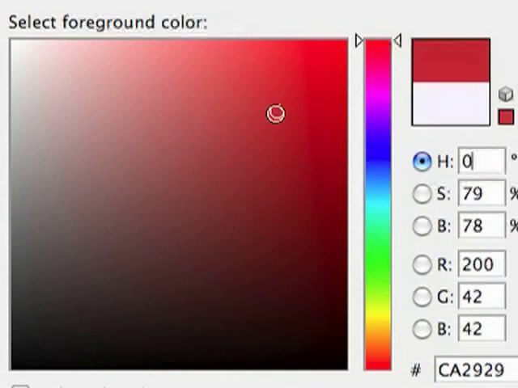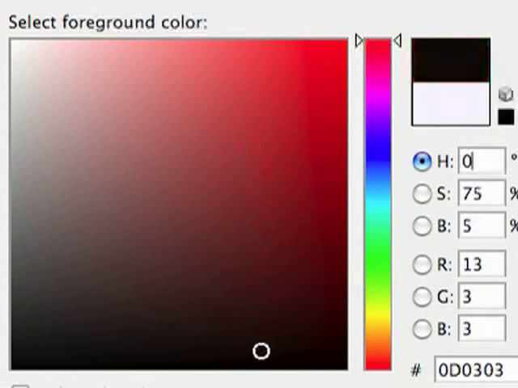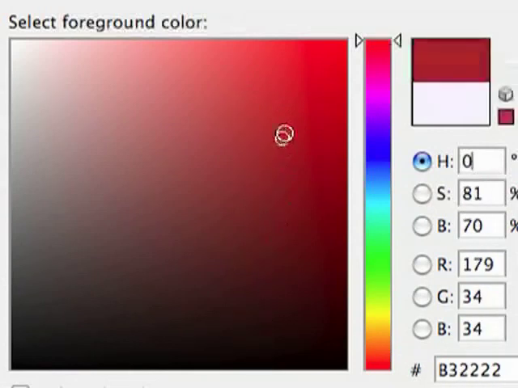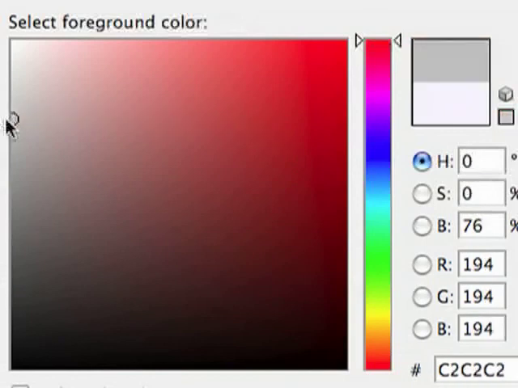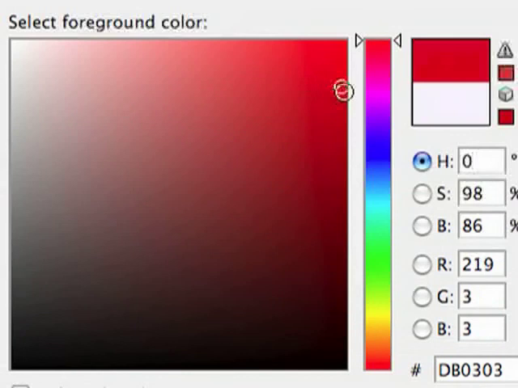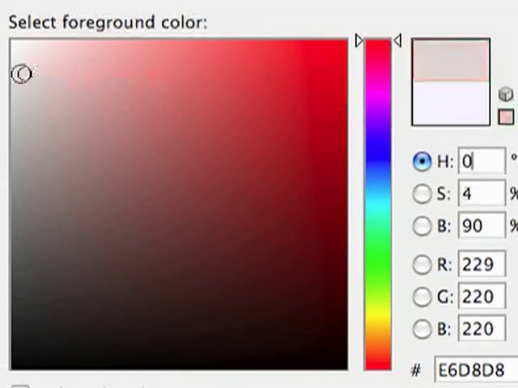At the top of the square, the brightness is high, and at the bottom it's low. And then at the left of the square, the saturation is low, and at the right of the square, the saturation is high. Experimenting with colour pickers can really help your understanding of hue, saturation and brightness.